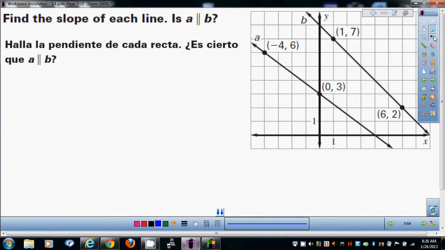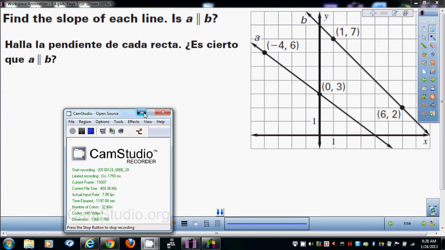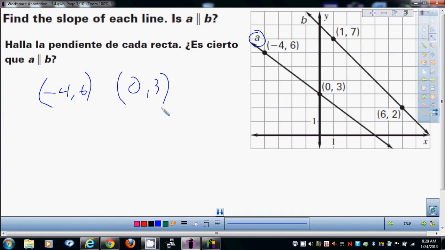Line A. So you needed the points (-4, 6) and (0, 3). Now, slope. You take the y values. It doesn't matter which one we start with. You want to start with the 6 or the 3? 3.